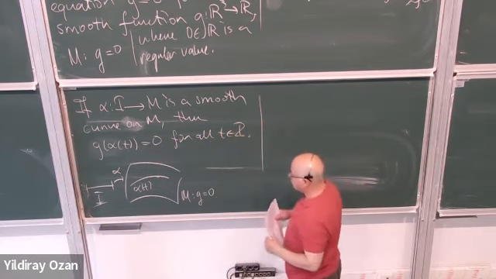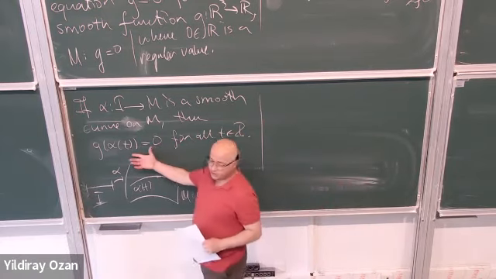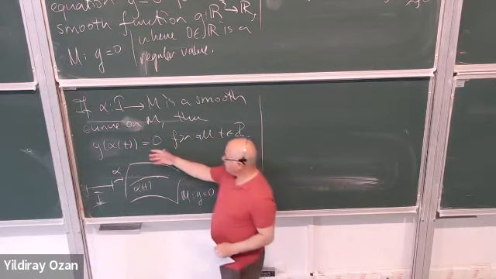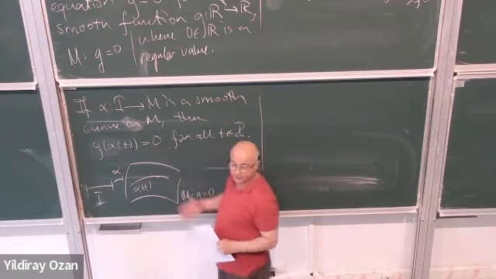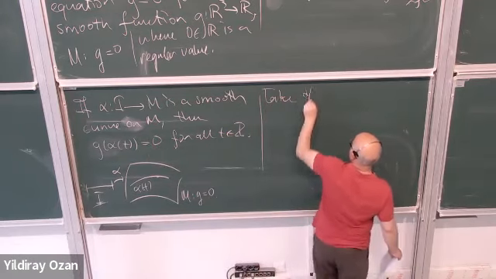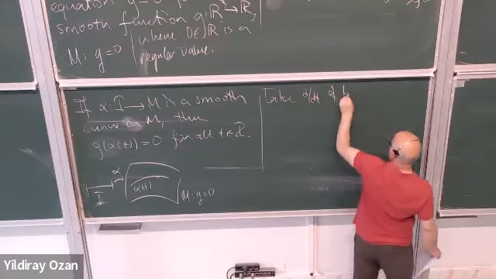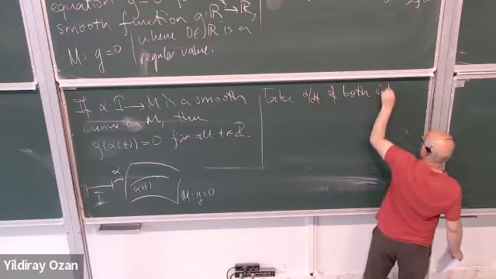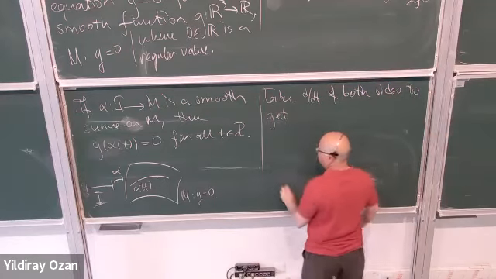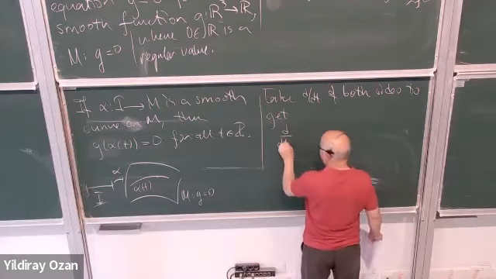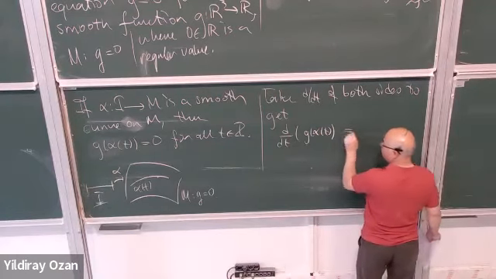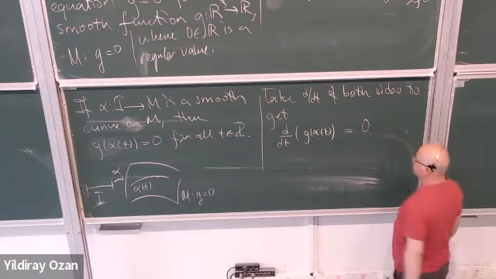Since this is 0, if I take the t derivative of this, it will still be 0. So take d/dt of both sides to get d/dt of G of alpha t equals the derivative of 0, which is 0.